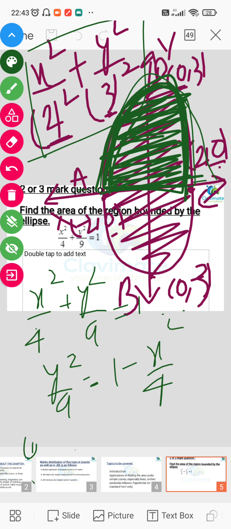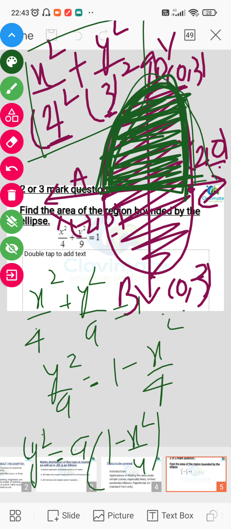So y square is equal to 9 into 1 minus x square by 4. Now what is y? y will be equal to the root of this.